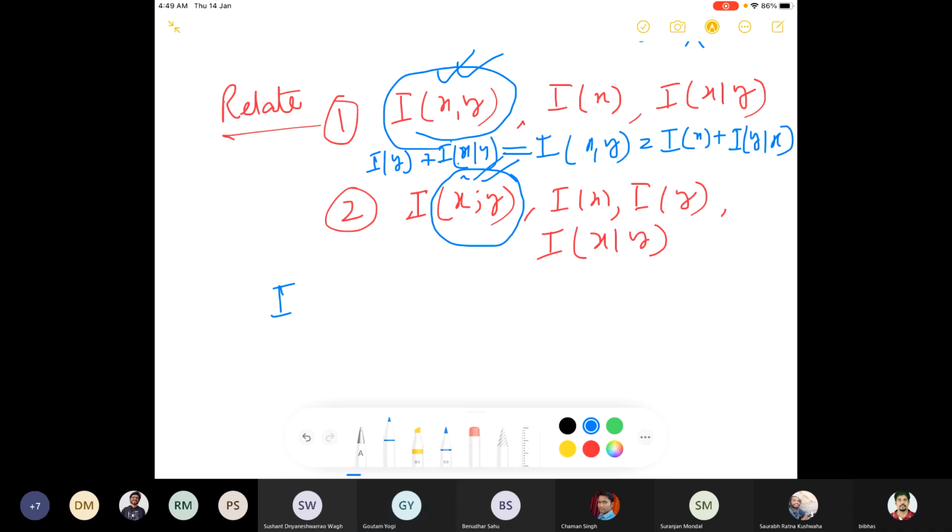So I am writing a relation. From that, you can try to write another relation and so on. First tell me whether this is true or not.